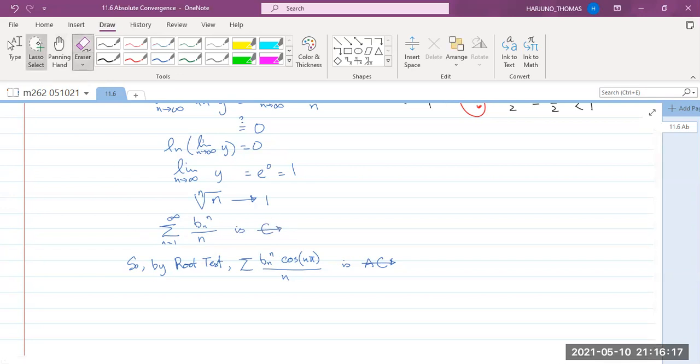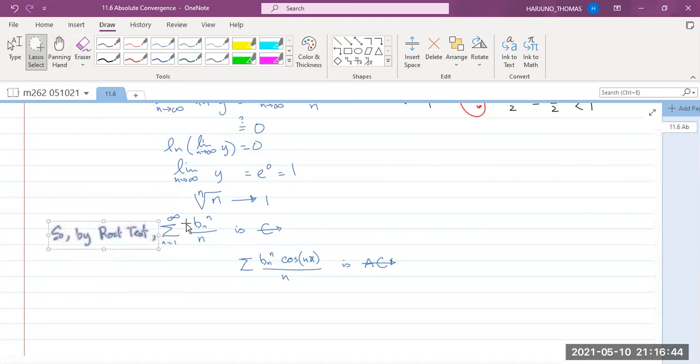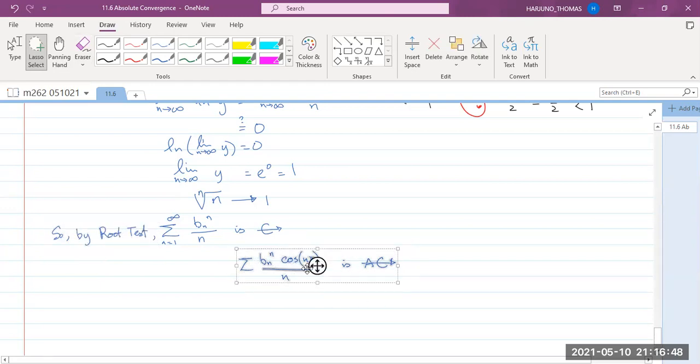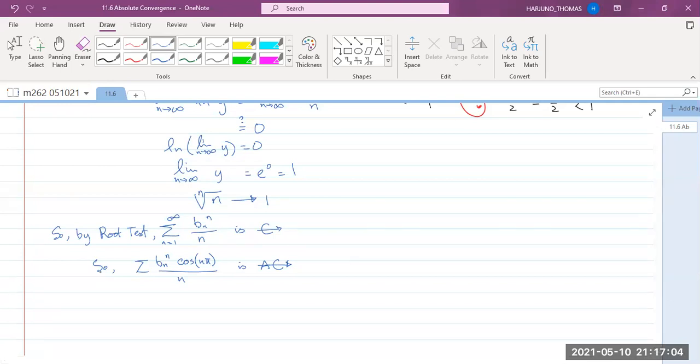Okay, that's by the root test. And therefore, the series is absolutely convergent.